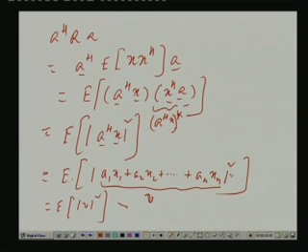Answer is no, because if it is linearly independent, the only way this linear combination a1 x1 plus a2 x2 plus dot dot dot an xn, which is equal to V, can be made equal to 0 is by choosing a1 equal to 0, a2 equal to 0 up to an equal to 0. But we are choosing non-zero values for a1 up to an, at least for some of them, which means V cannot be a 0 random variable, which means E of mod V square is greater than 0.